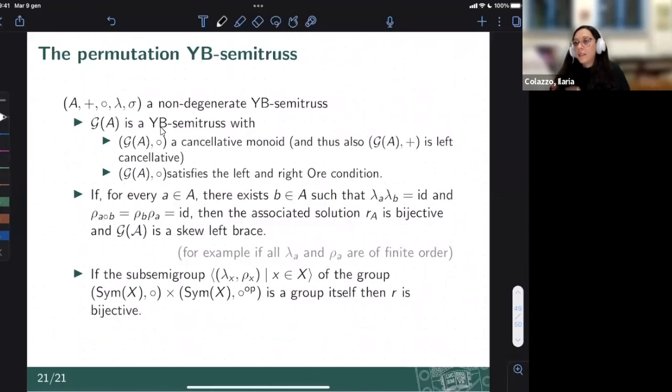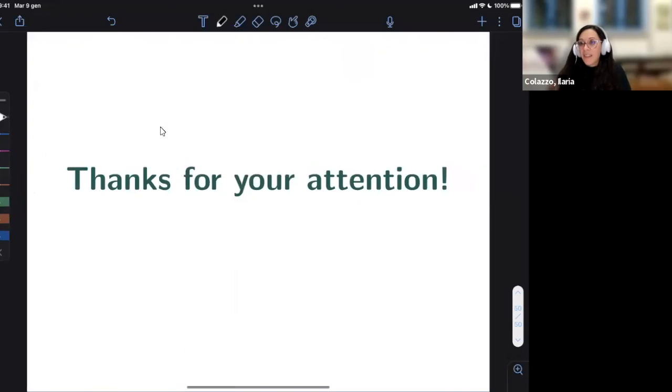This example is due to Rump, but we really know nothing about the other way around. I mean, is it possible to construct a solution, clearly infinite, that is right and left non-degenerate, but not bijective? And with this, I thank you.